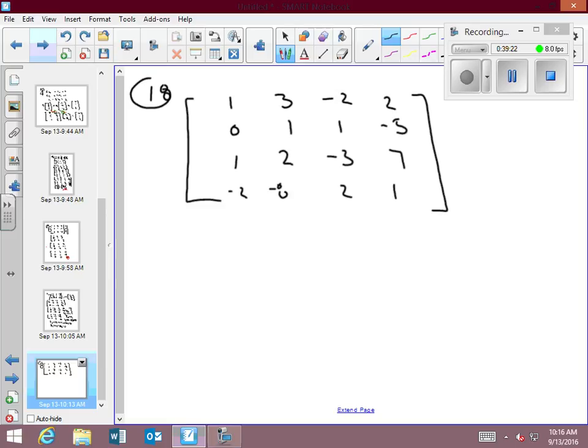Where? Well, I think I'm going to leave it the way it is and just get zeros in the first column.